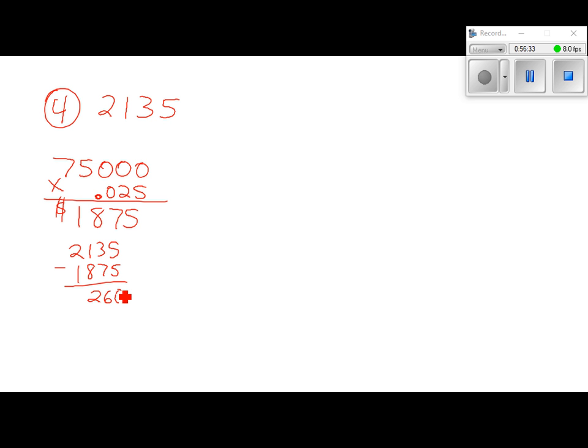What's anything over 75,000? What's the commission rate? 0.03, just 3%. And we're going to times that by X, and it should give us $260. What are you going to do to solve that?